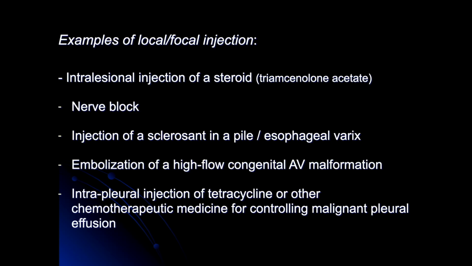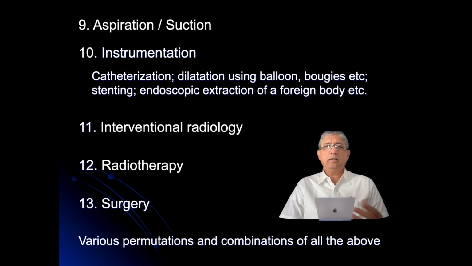Intralesional injection of a steroid such as triamcinolone acetate, nerve block, injection of a sclerosant in a pile or esophageal varix, embolization of a high-flow congenital AV malformation, intrapleural injection of tetracycline or other chemotherapeutic medicine for controlling malignant pleural effusion, etc. And then you have some more options of treatment such as aspiration or suction, instrumentation, for example, catheterization, dilatation using balloon, bougies, etc., stenting, endoscopic extraction of a foreign body, and so on.